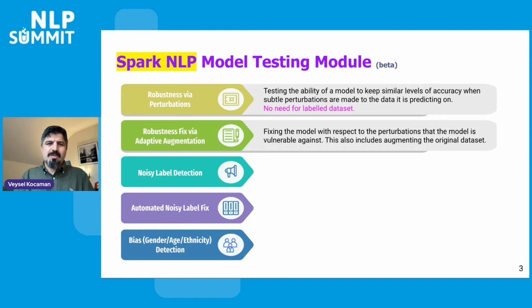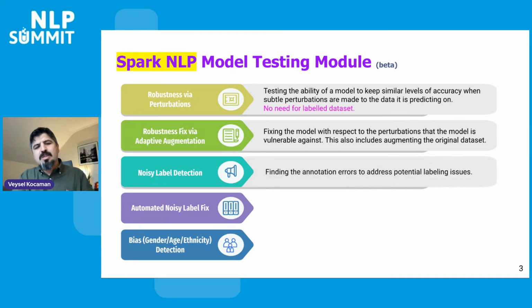While trying to fix this, you may end up in a situation where you corrupt other things. You may create new issues in the other entities. So we apply some adaptive augmentation, which I'm going to explain as well, and then some reverse perturbations to fix this issue and end up with a brand new training data set.